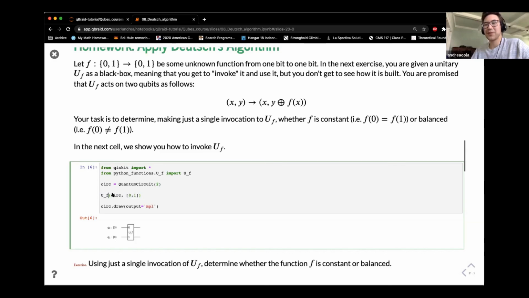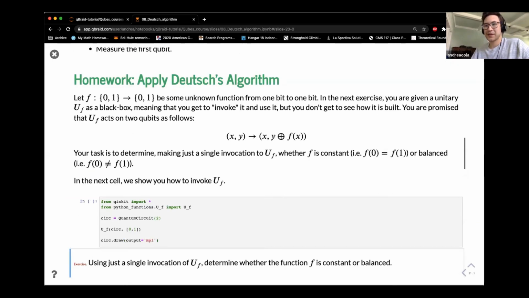You type u sub f, the circuit that you want to add it to, and the list of qubits that you want to apply u sub f to. In this case, because there are just 2 qubits, you want to apply u sub f to the 0th qubit and the 1st qubit. And then when you draw the circuit, it looks like this.